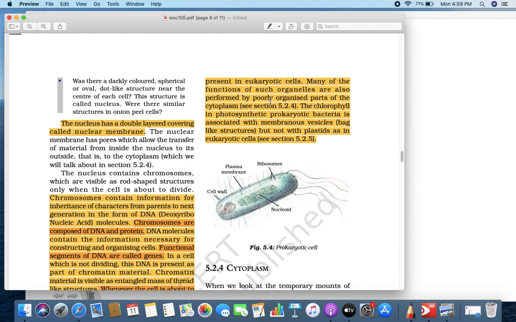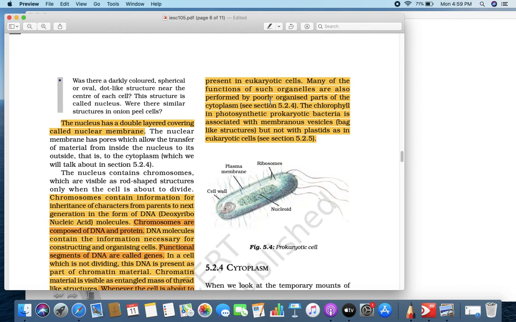Now see, not just that, prokaryotic organisms also do not have many cell organelles. I told you there are many cell organelles between the cell membrane or plasma membrane and the nucleus. There is a region, and over that region it has many cell organelles which we are going to study one by one.